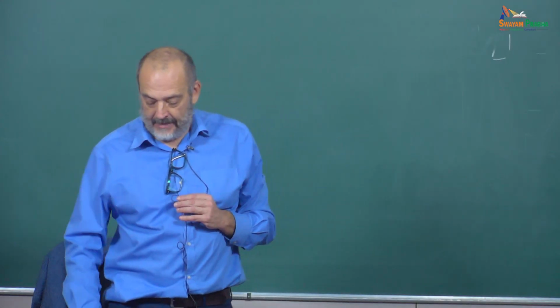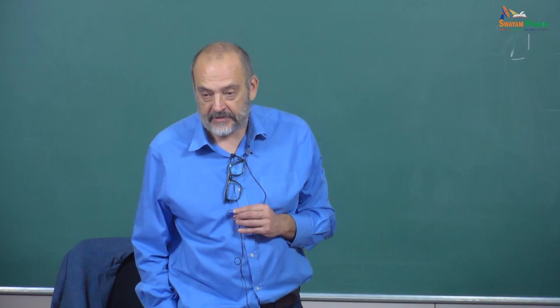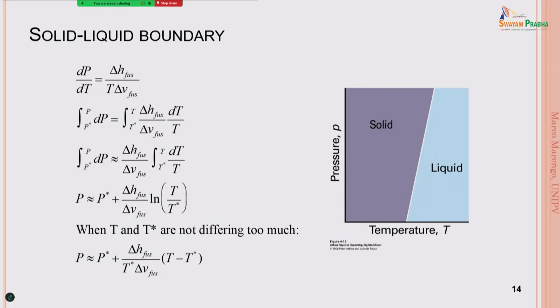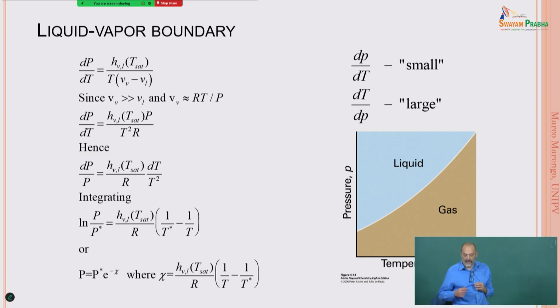Okay, and this is important because we can have this expression. We can have, for example, simplifications. We can try to plot the solid-liquid boundary, the liquid-vapor boundary, and so on and so on.